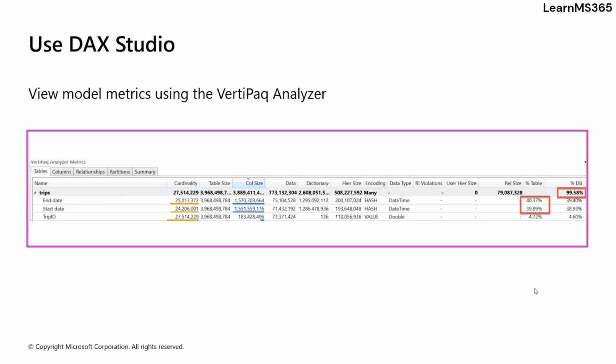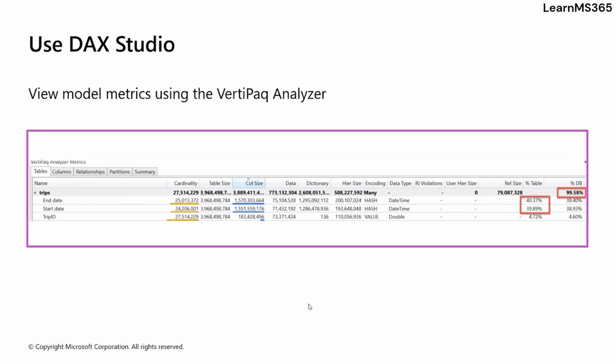And when we take a look at those two columns back in the Power BI Desktop, we can notice that they are date and time columns. Date time columns inherently have high cardinality due to all the possible combinations of dates and times. So this was about DAX Studio.